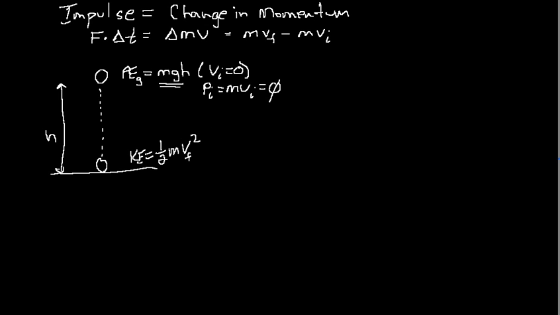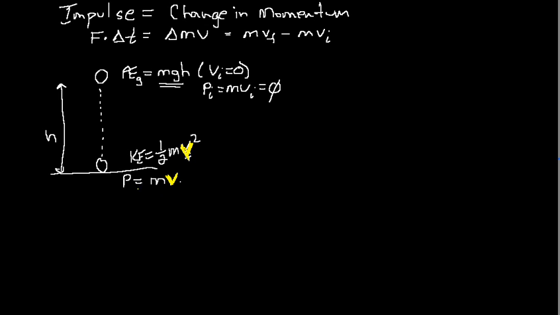So its initial momentum, equal to mass times its initial velocity, is going to be 0 as well. Here we've got a momentum. Just as it starts to hit the ground, its momentum here is going to be the mass times its velocity here. And instead of calling it final velocity, I'm just going to call it velocity in yellow. And there's a reason I'm going to do it. Let's say it's yellow. That's its velocity just as it's going to hit the ground.